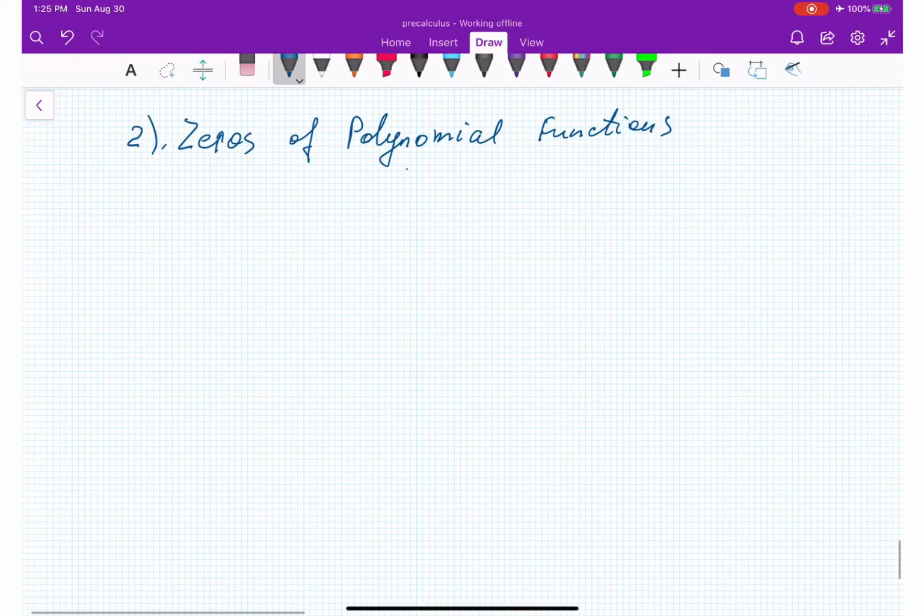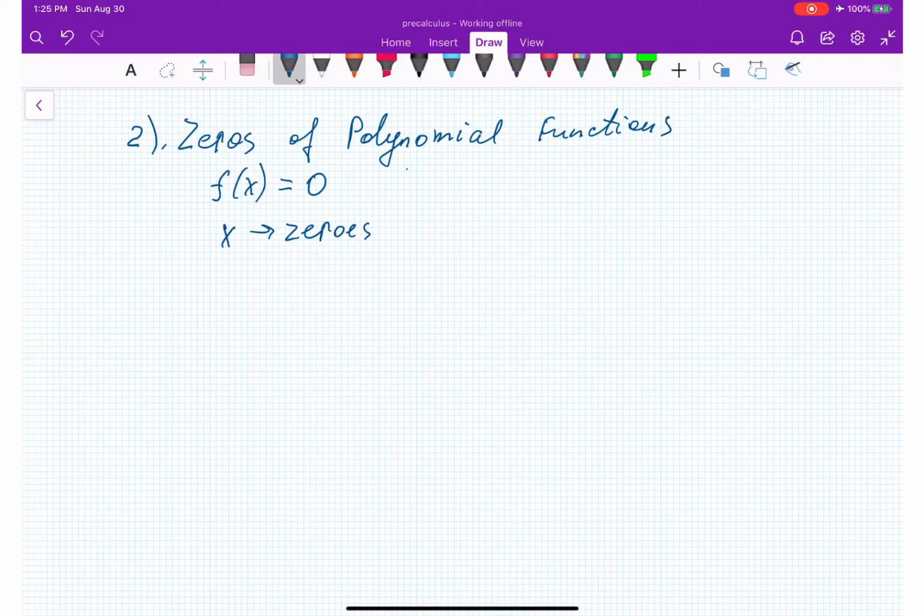So, what are zeros of a polynomial function? Let's say f of x is my polynomial. If I assign it equal to 0, then x is going to act like the zeros of the function.